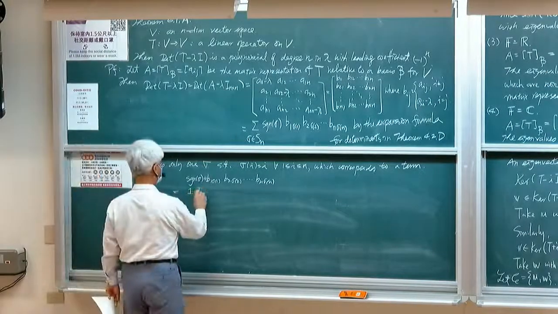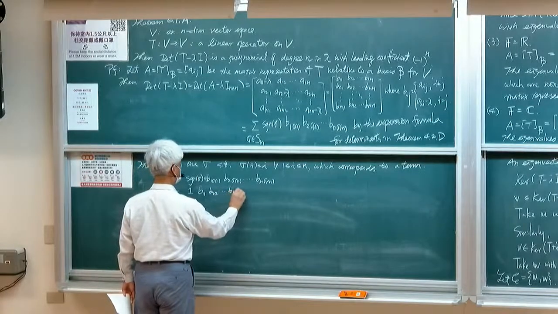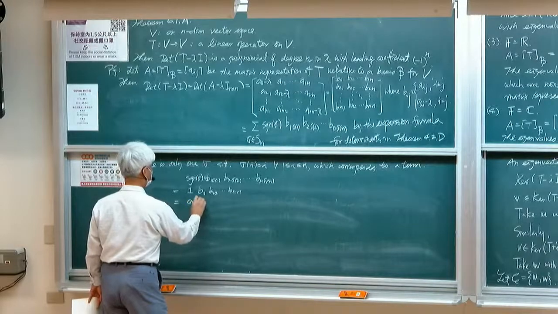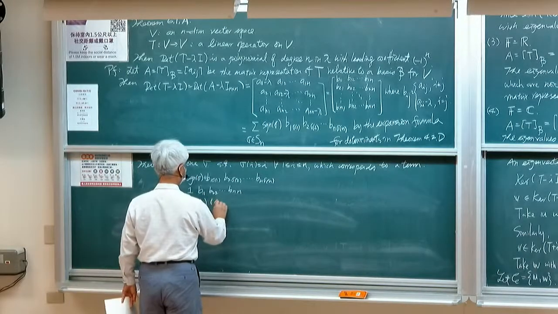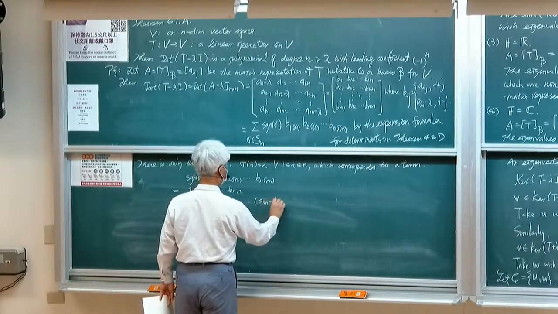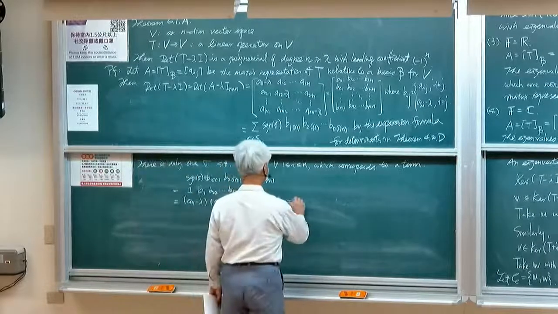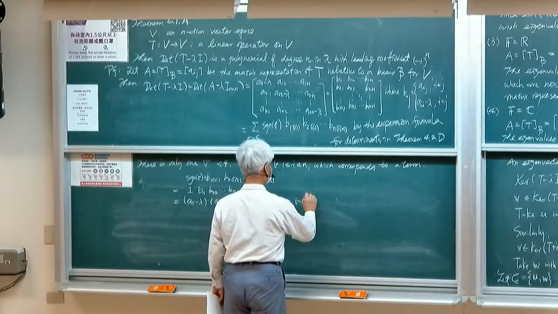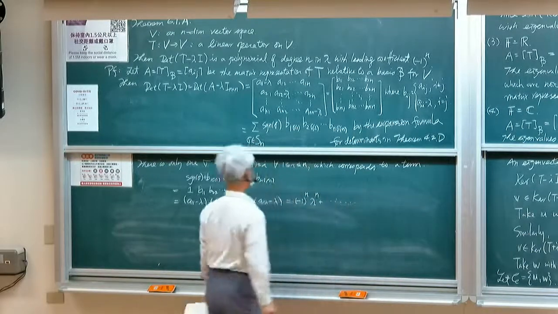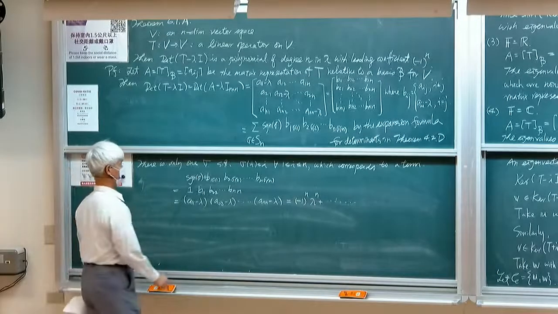Okay, and we have b_11, b_22, up to b_nn. So what is that? This is (a_11 minus lambda)(a_22 minus lambda) up to (a_nn minus lambda), and this is times (minus 1) to the n. Right?